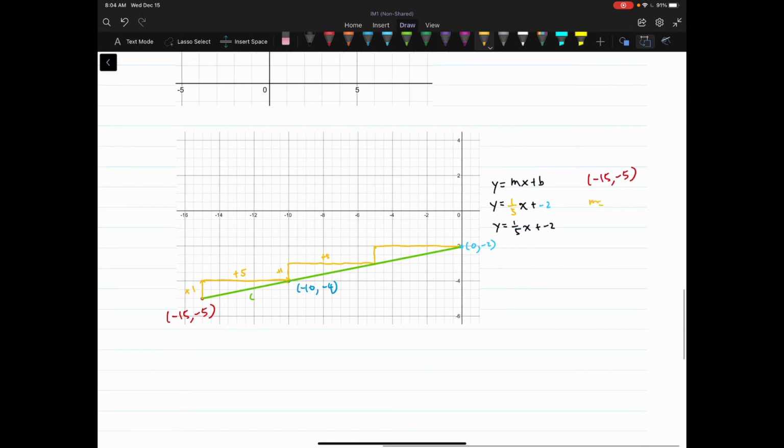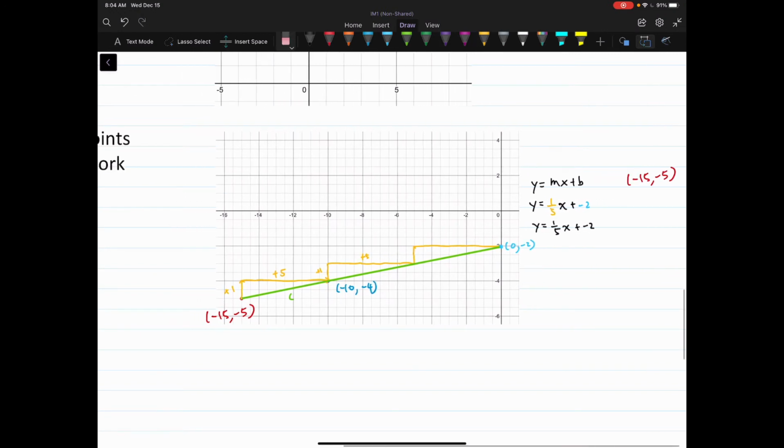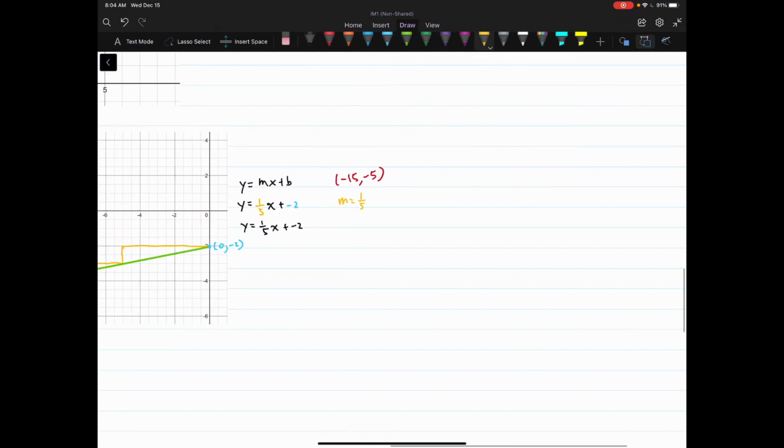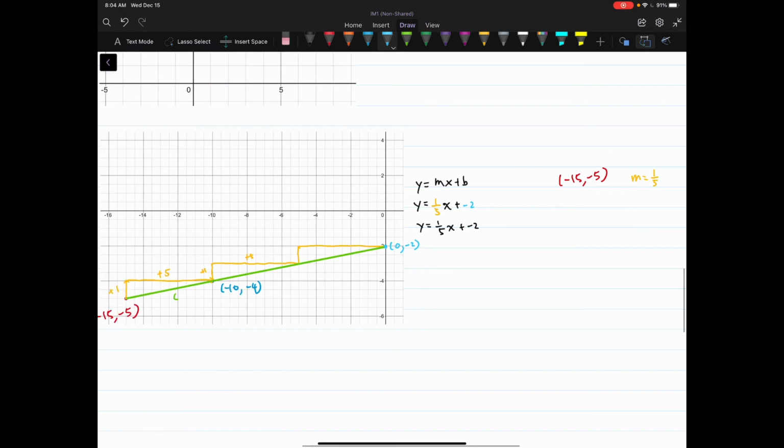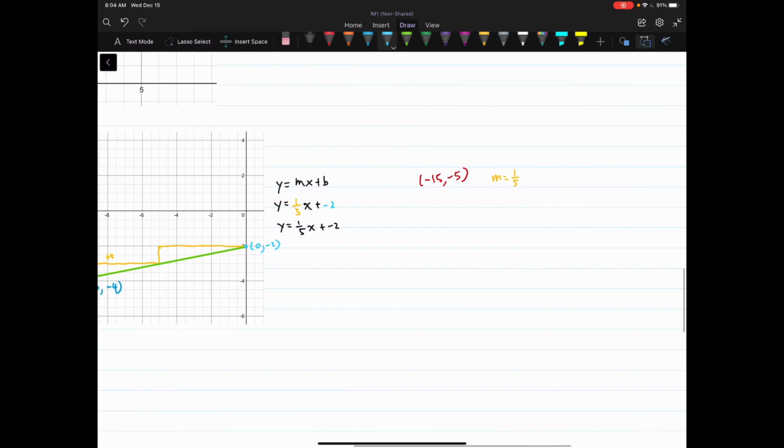M is equal to 1 over 5. Okay. All right, so this is what I'll need. I just need a point and a slope, and I can find the equation and the y-intercept. So let's take a look. So let's just make this x, and then let's make this y.